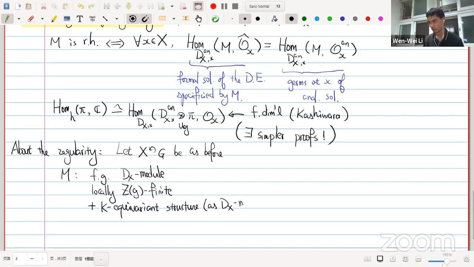So there's a notion of equivariance of D modules on the group action. Once you have these assumptions, then you can get the regularity.